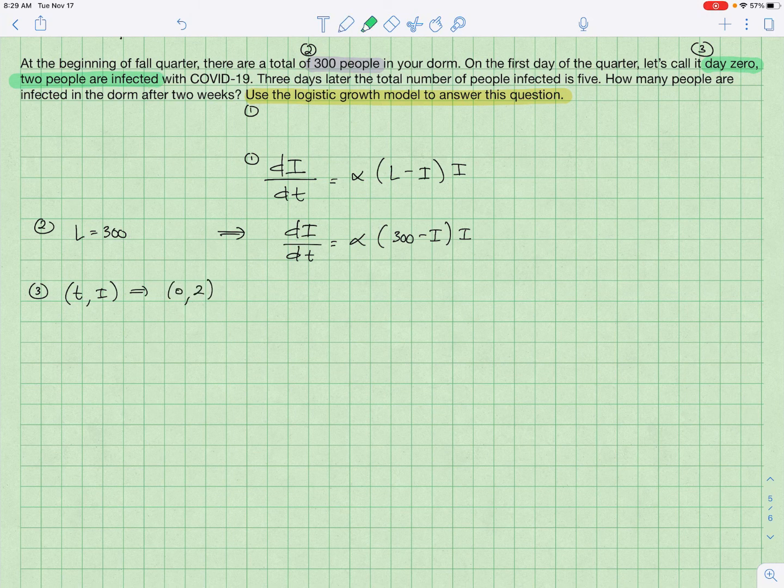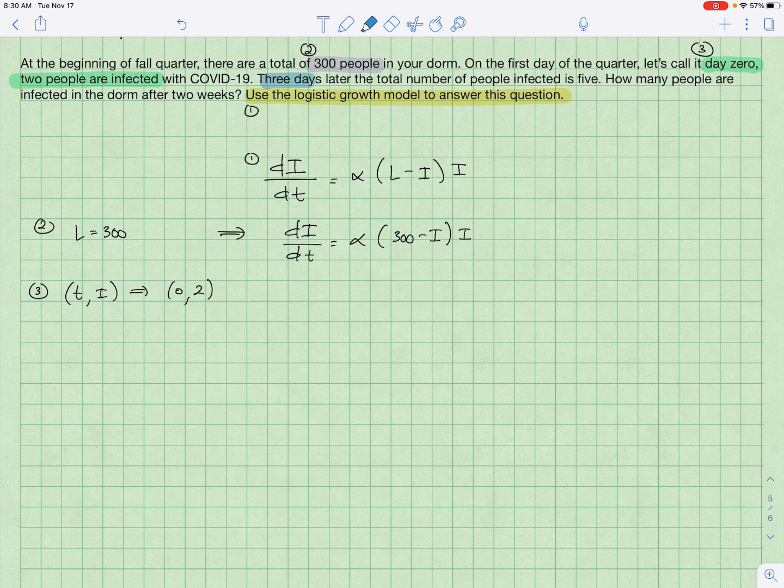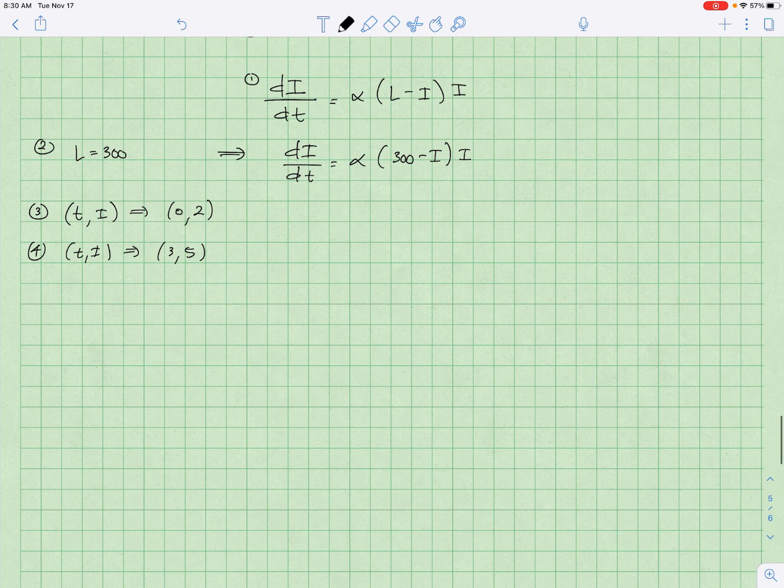And then it tells us 3 days later, the total number of infected is 5. So for our fourth bit of information, our next ordered pair is 3 days later, there's 5 infected. So that's what we have to go on.